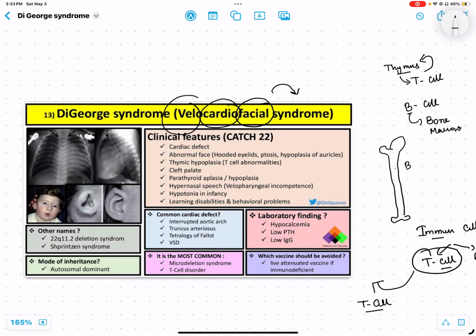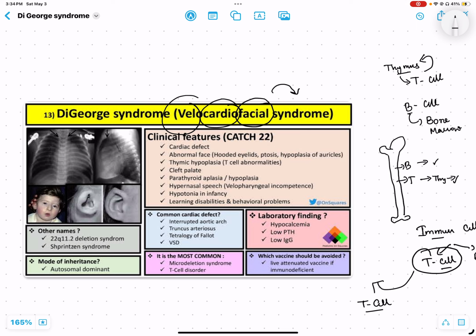B cells come from bone marrow, and T cells also come from bone marrow, but it is in the thymus that the maturation takes place for T cells, and then they become immunocompetent. B cells mature in the bone marrow itself, they don't need to travel elsewhere, and then they become mature and competent, ready to take on the role of fighting infections.